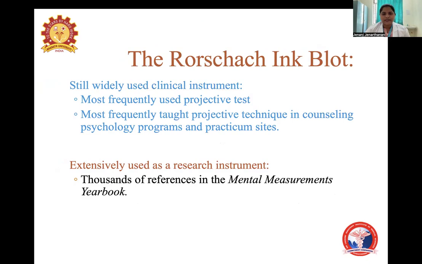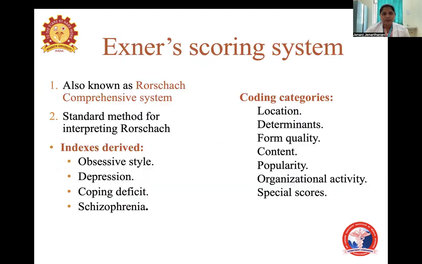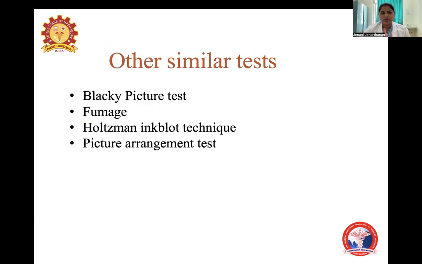It is extensively used as a research instrument, with thousands of references in the Mental Measurements Yearbook. The Exner scoring system, also known as the Rorschach Comprehensive System, is the standard method for interpreting the Rorschach. Index derivatives include obsessive style, depression, coping deficit, and schizophrenia. Coding categories: location, determinants, form quality, content, popularity, organizational activity, and special scores.